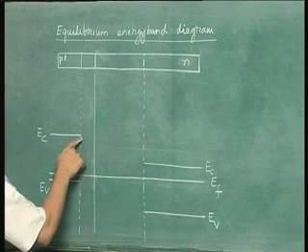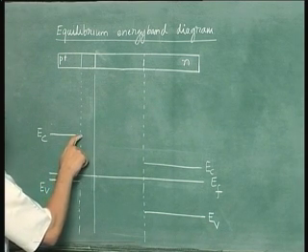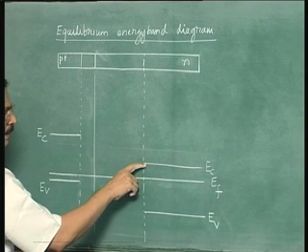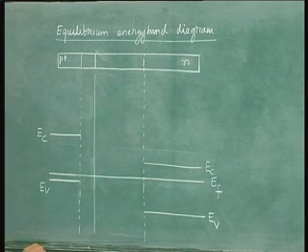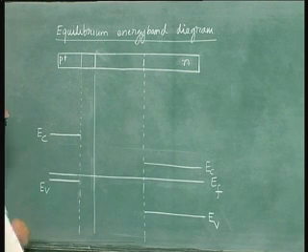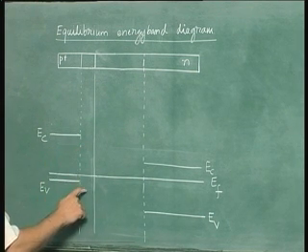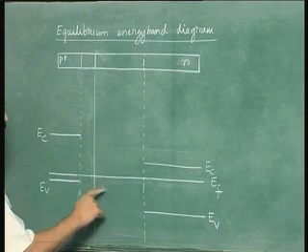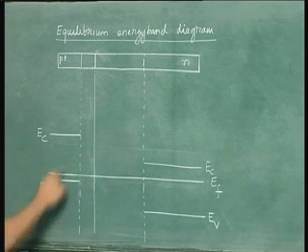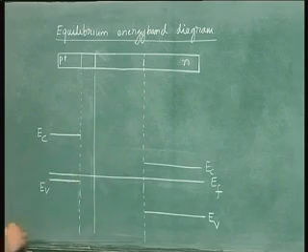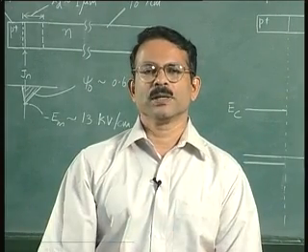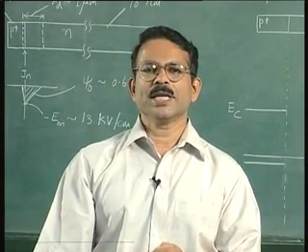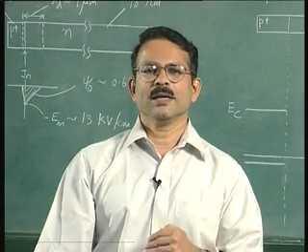Now we need to join this end of EC to this end of EC, and we need to join this end of EV to this end of EV. While joining this, we must remember that the EC and EV, even though they may vary with distance, must be continuous. This is because any gradient of EC represents the electric field. This point was discussed in the lecture on carrier transport, that the gradient of the band edges EC and EV represents the electric field.